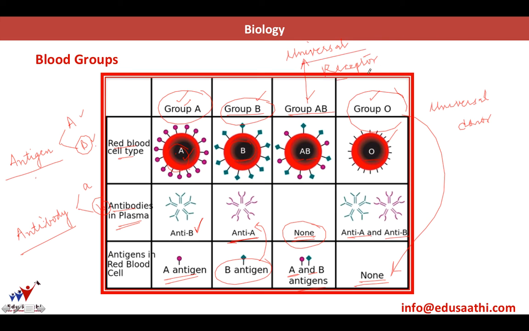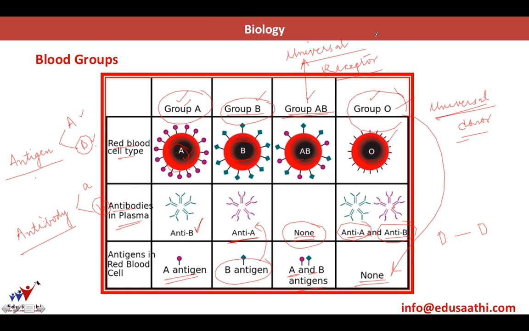So AB is the universal receptor, whereas O is a universal donor. O has both the antibodies, so it cannot accept any other kind of blood. If I transfuse blood group type A, anti-A will destroy that. If I transfuse the blood group type B, anti-B will destroy that. So O can take only O, but O can donate to everyone. So O is a universal donor, whereas AB is a universal receptor that we have.